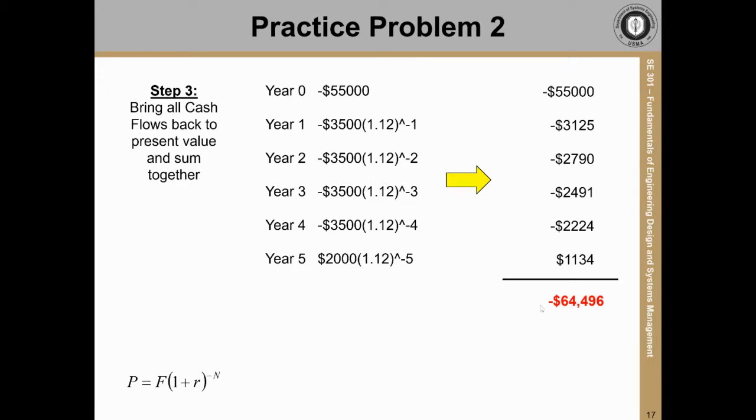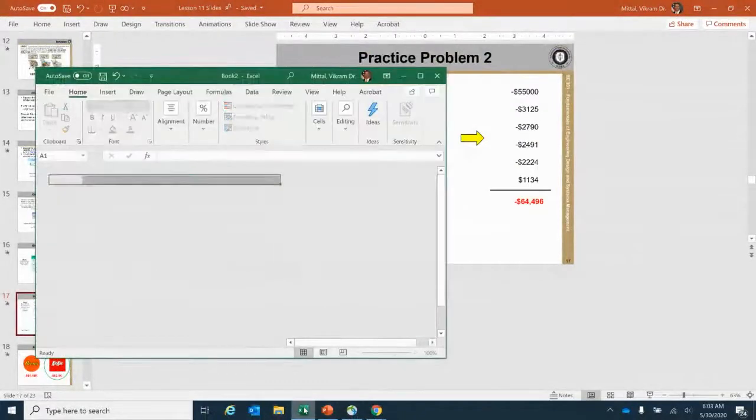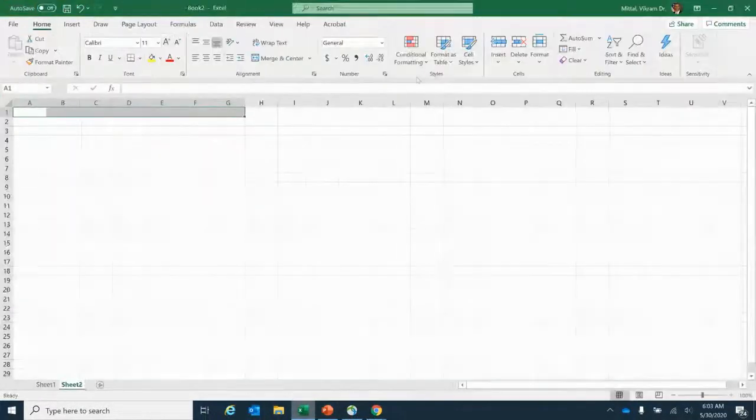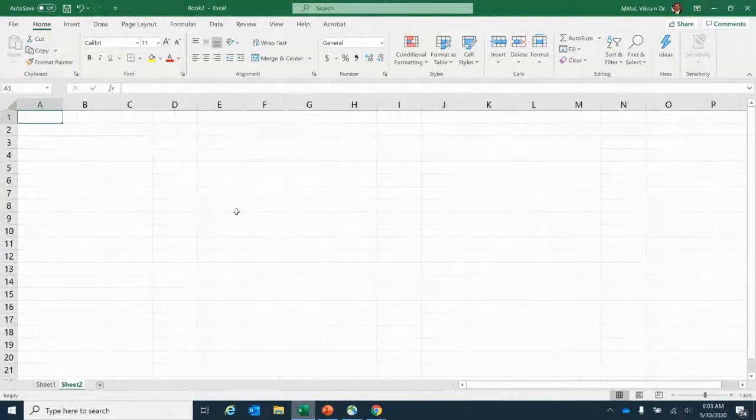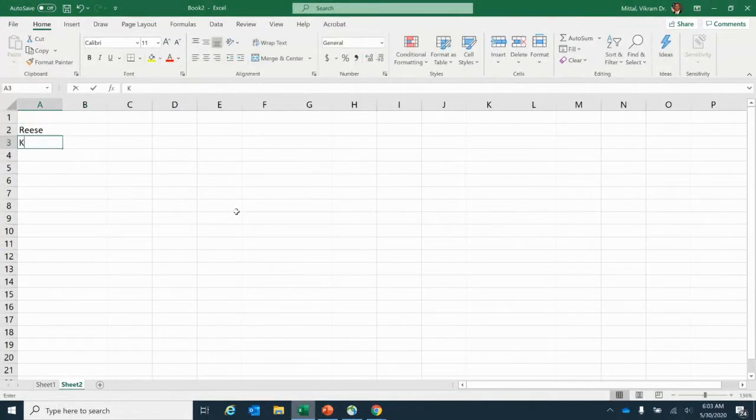A useful tool for doing all this is Microsoft Excel. So just working through Excel for a second. We have our 2 design alternatives, Reese's and Kit Kat, and we have year 0, 1, 2, 3, 4, 5.